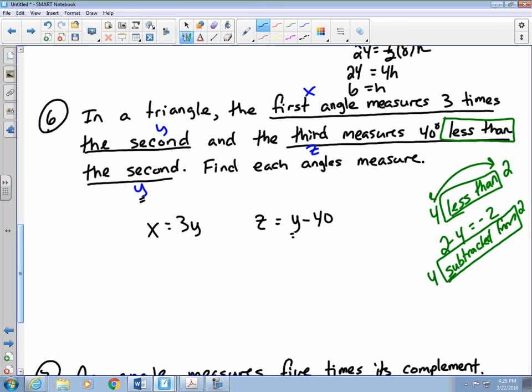Okay, and then we have to figure out the measure of each angle. So if we go through, we think we can make a substitution. But this equation does not have an x in it, so I can't substitute it, but it does have a y. I can see both equations have a y, so I could get y by itself and substitute it.